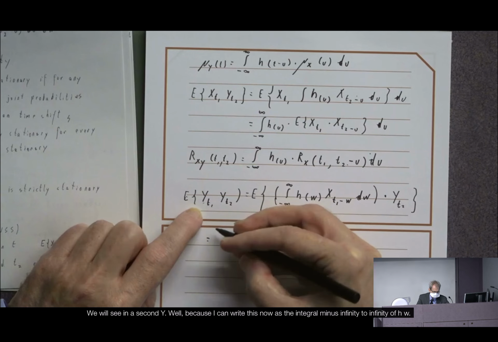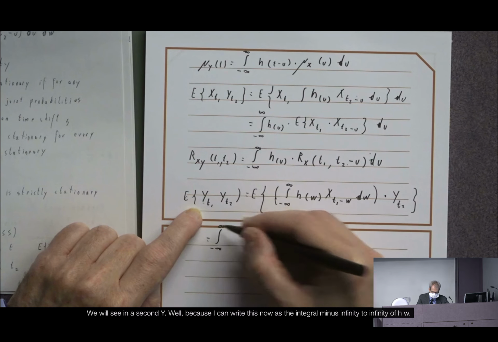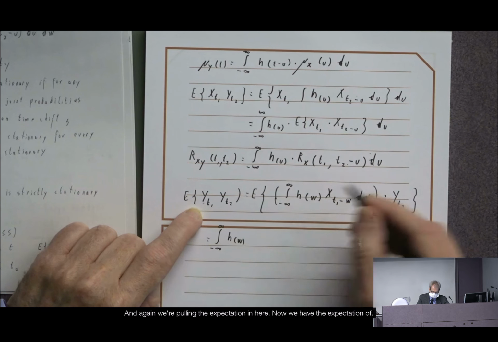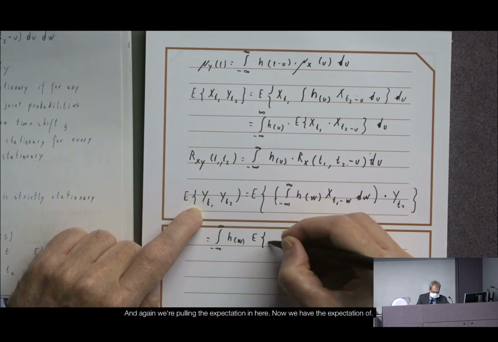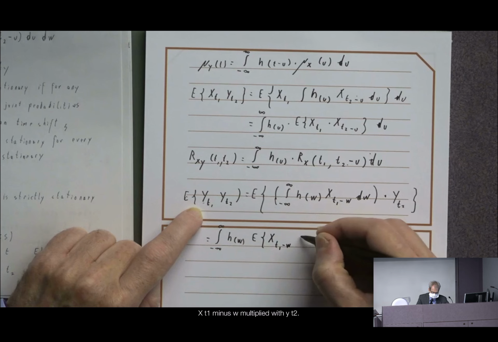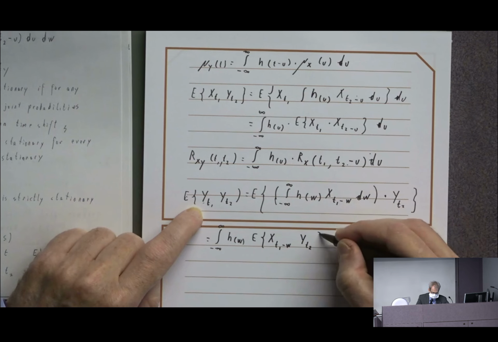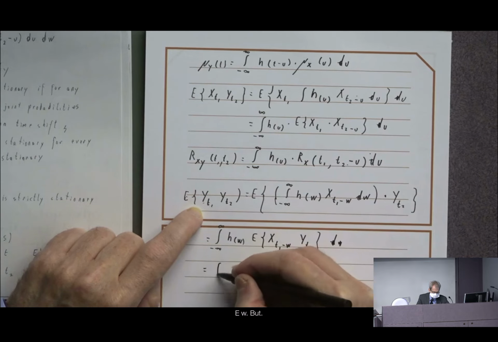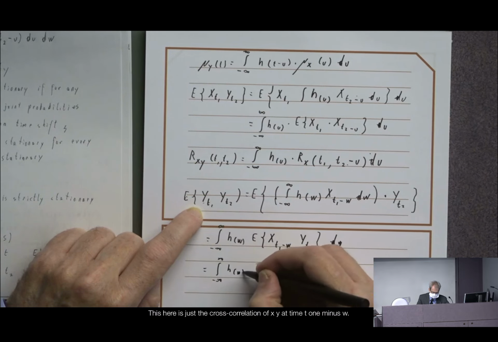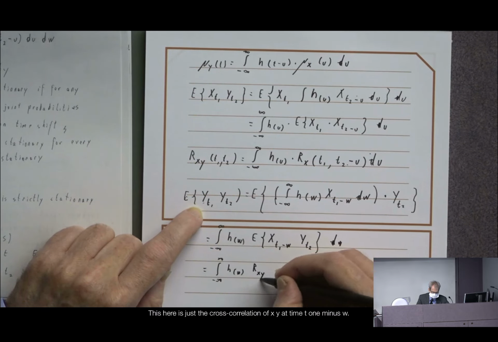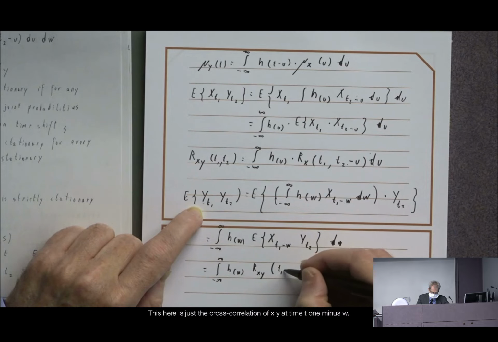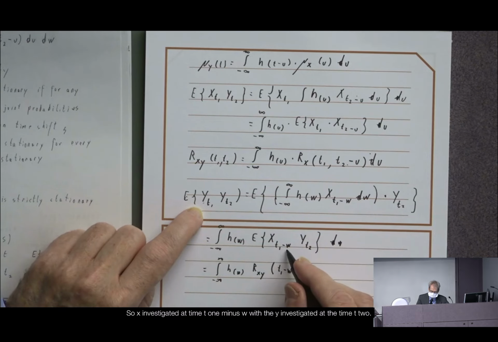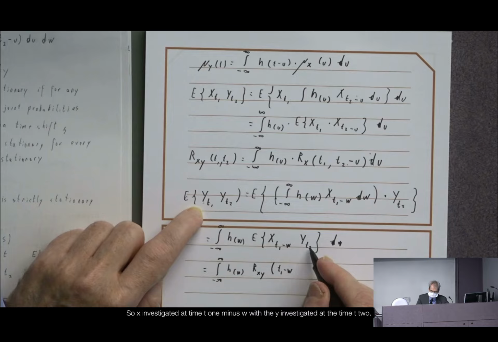I can write this now as the integral from minus infinity to infinity of h(w), and again we're pulling the expectation in here. Now we have the expectation of x(t1 minus w) multiplied with y(t2) dw. But this here is just the cross correlation, r_xy at time t1 minus w, so x investigated at time t1 minus w, with the y investigated at time t2.